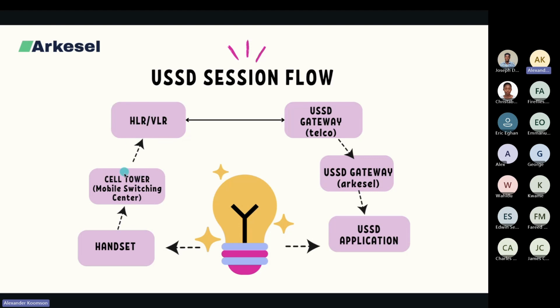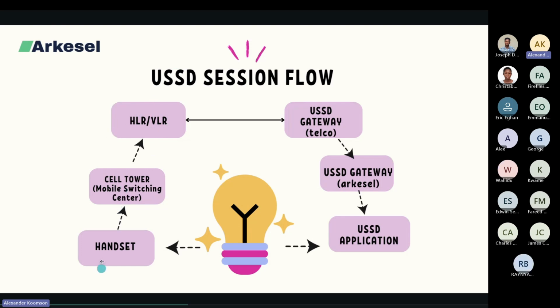Keeps track of how long your session is, right? This is configured by the telcos, and it's actually responsible for authenticating to this gateway. So if you dial any USSD code that doesn't exist, it hits this and then comes back to you, right? Because there's no mapping directly to any gateway of the telco, right?